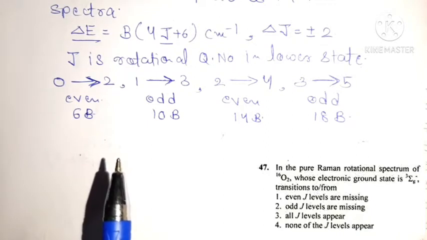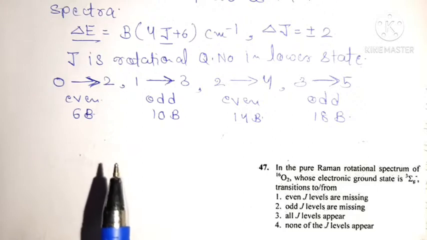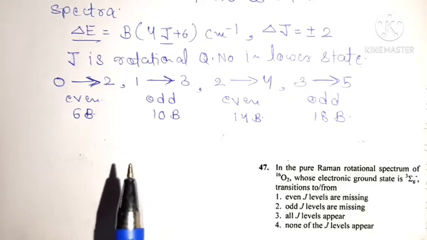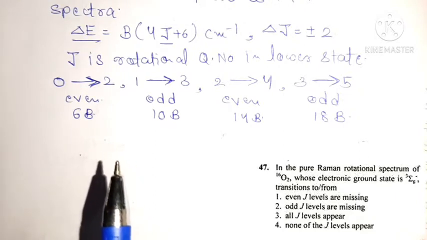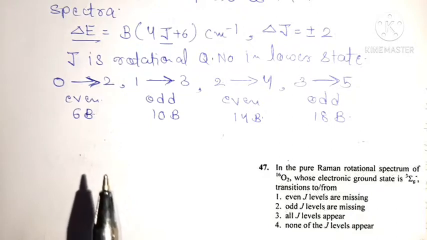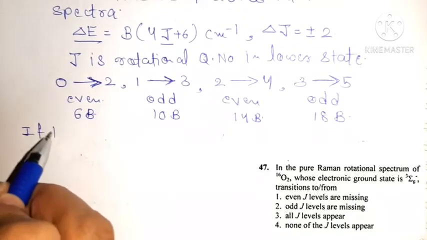Remember, listen carefully, if the molecule has center of symmetry, then every alternate rotational level is absent in your Raman spectrum.